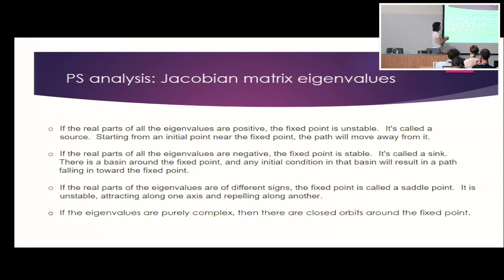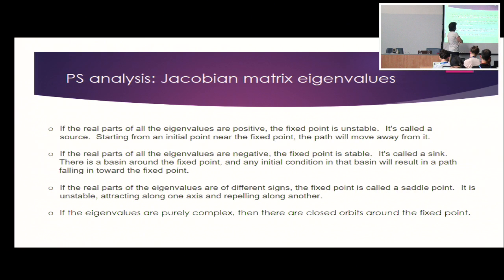So the tool is able to say, okay, we calculated the steady state, we calculated the eigenvalues of the Jacobian matrix. If the real parts of the eigenvalues of the Jacobian matrix are positive, we have one type of steady state.